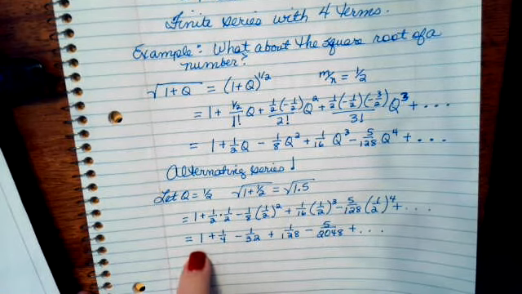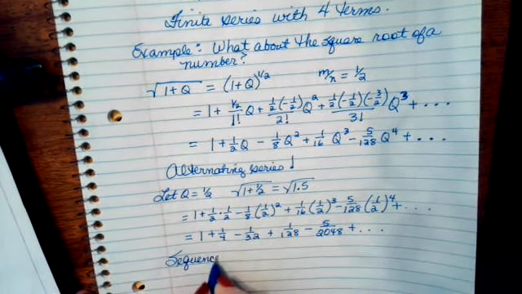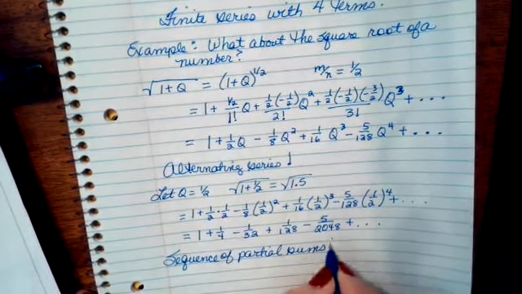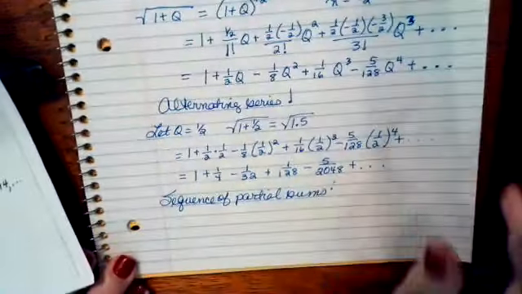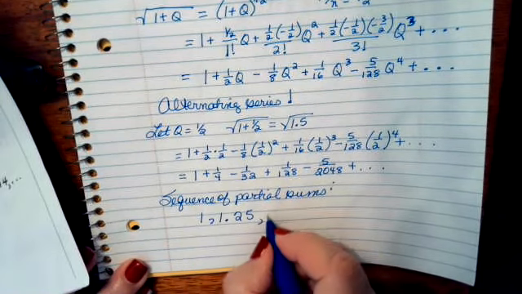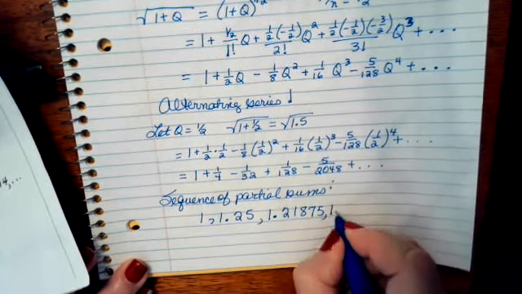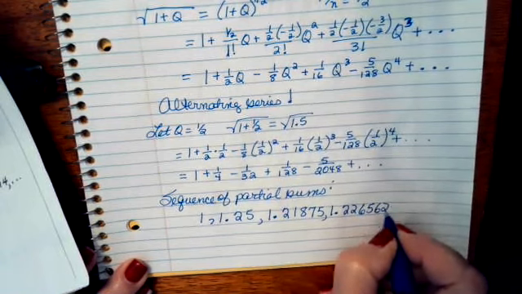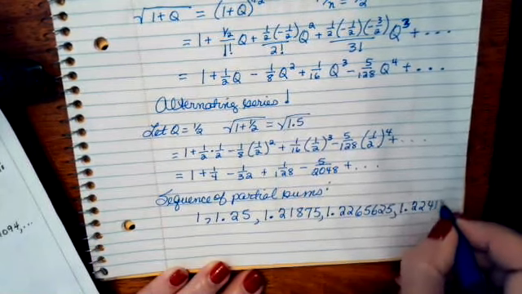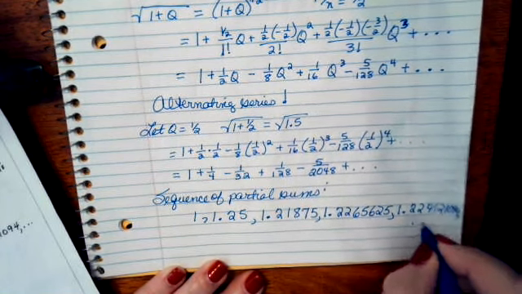And if I look at the series, the sequence of partial sums, I get 1.25, add the first three numbers, 1.21875, add the first four, 1.2265625, and then 1.224121094, and then just keep going.